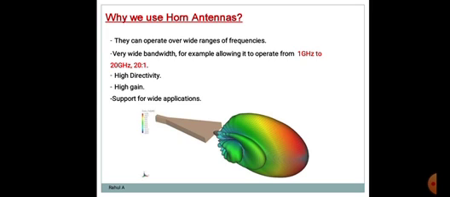Also, the next one is high directivity. This horn antenna is very useful in transmitting the radio wave signal in a particular direction. That means it has a very high directivity. The next one, high gain. This higher directivity leads to a very high gain. If the signal is getting transmitted in only a particular direction, the spreading of the signal in any other direction is very little.